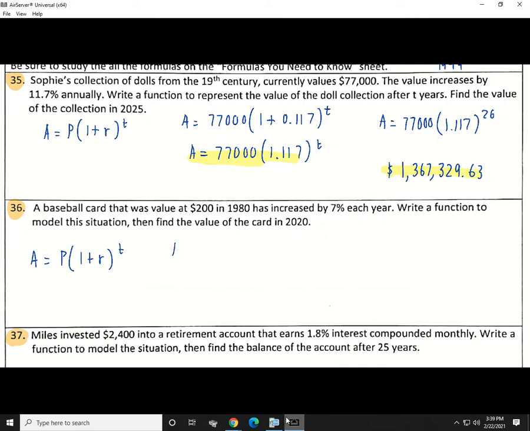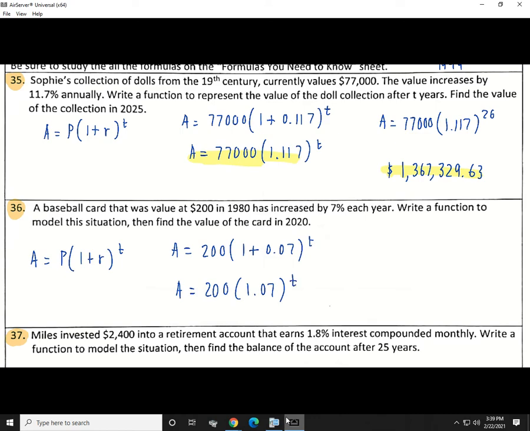So here we go. Here's the equation. The principal amount was $200. We are adding, because it's going up, it's increasing by 7%. That's just 0.07 raised to the t. So my equation is 200 times 1.07 raised to the t power.